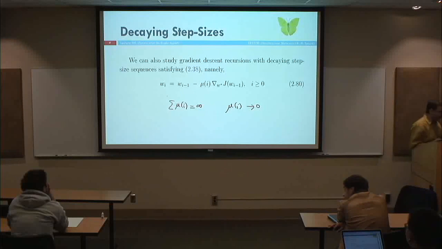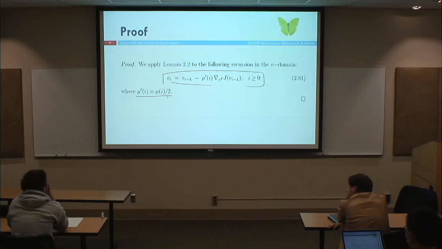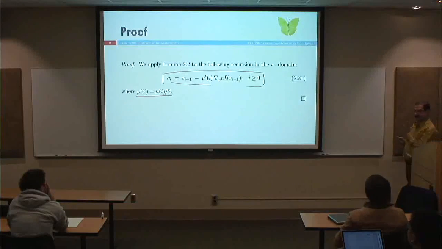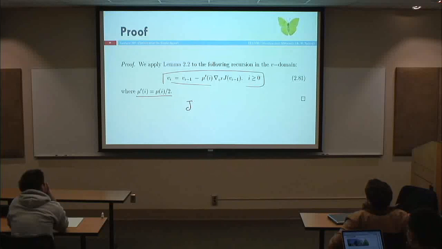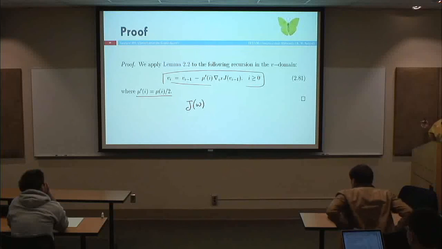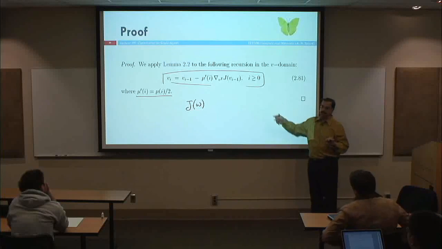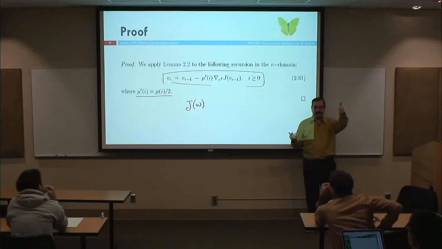So what I did today, let me see if there is anything else. Okay. So what I did today, right? I focused on the optimization problem. Just a quick summary. And J wasn't an arbitrary function. It is strongly convex, right?